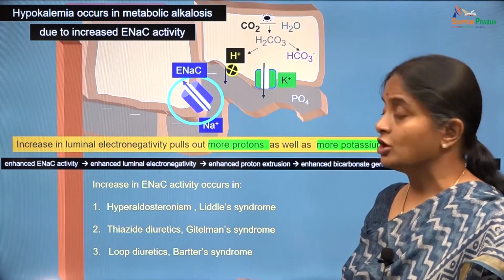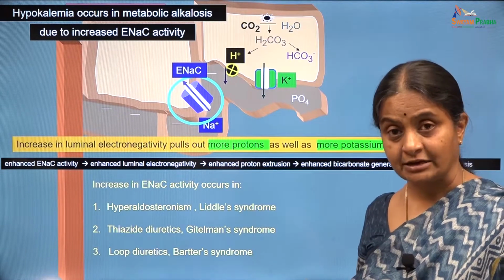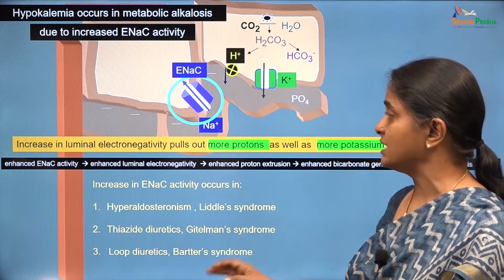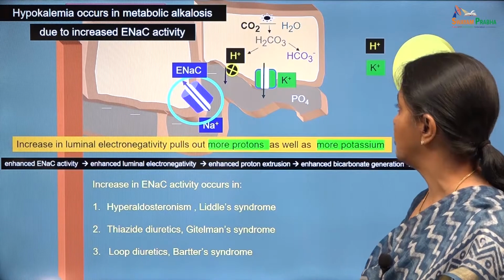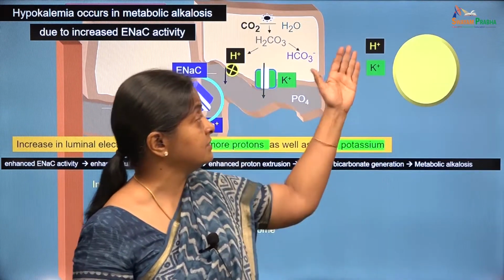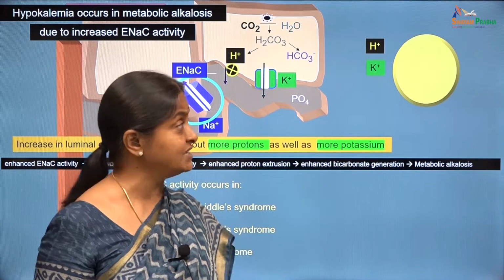What about the other causes of metabolic alkalosis, that is the gastrointestinal causes and the hypercalcemic states? What about potassium in those states where there is no reason for an increase in luminal electronegativity? Well, we have already seen that potassium and protons exchange for each other at the level of every cell.